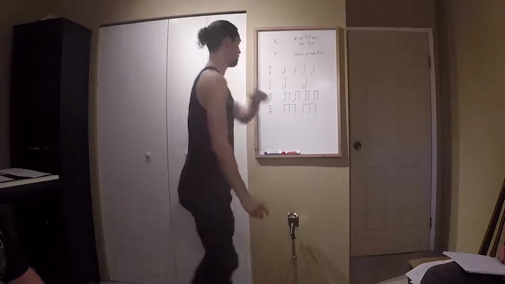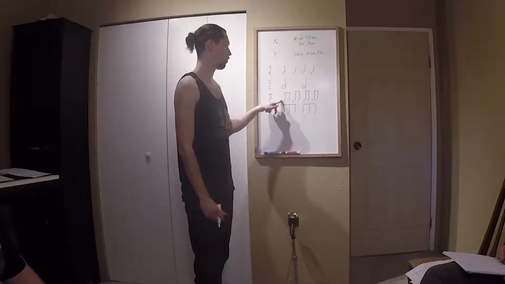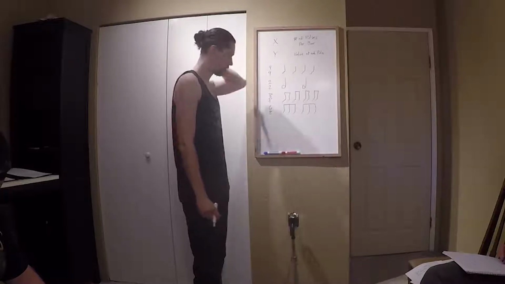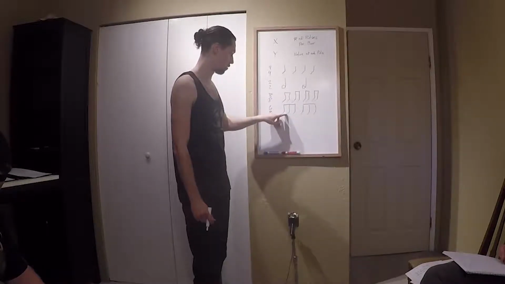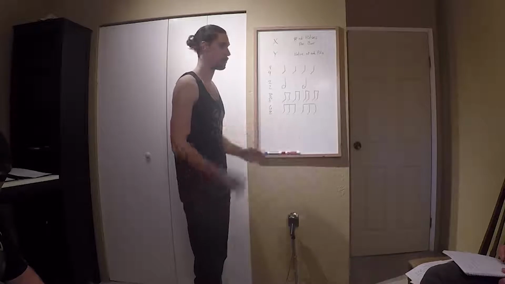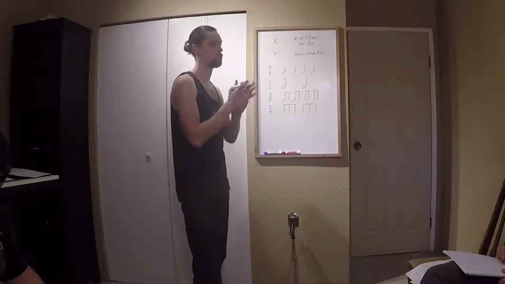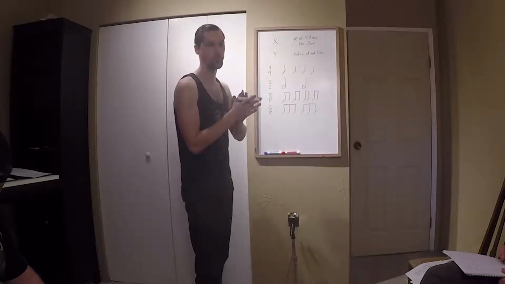Normally, in simple time, your eighth notes are in groups of 2 or potentially 4, but in compound time, they're going to be in groups of 3. So this is 1, 2, 3, 2, 2, 3, 1, 2, 3, 2, 2, 3.